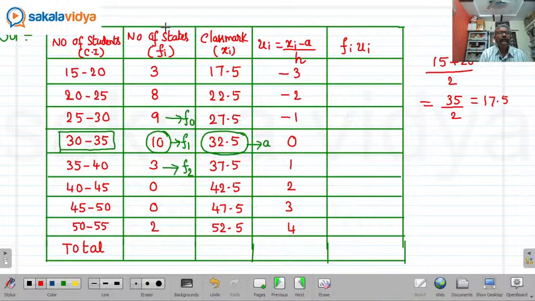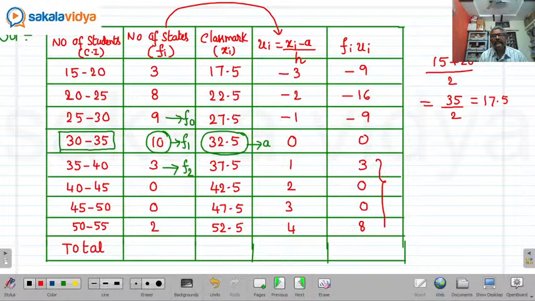So now what shall we do now? Fi into Ui you need to do. Fi multiplied with Ui. 3 times minus 3, negative 9. 8 times negative 2, negative 16. 9 times negative 1, negative 9. 10 times 0, 0. 3 times 1, 3. 0 times 2, 0. 0 times 3, 0. 4 times 2, 8.